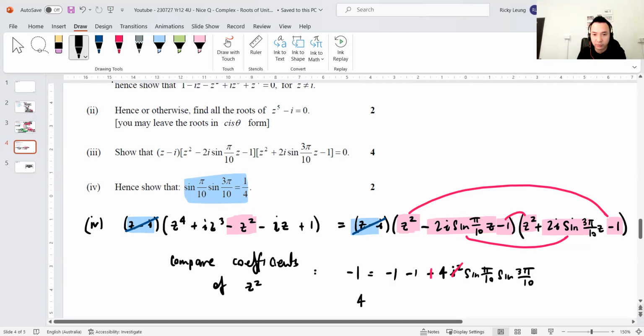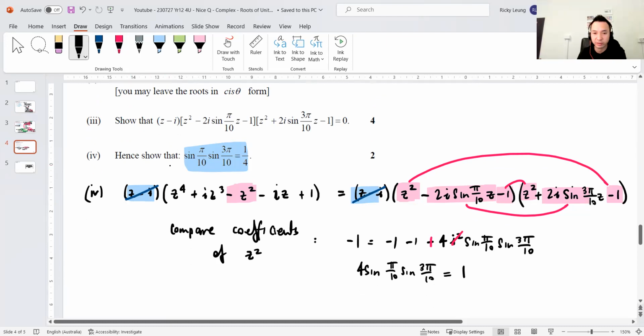Let me see if I got the sign right. Let's have a look. That's -2 becomes a 1. Perfect. Divide the 4 over, guys, we got it. Sometimes I make a silly mistake with the signs, but there it is. Sine pi on 10 times sine 3 pi on 10 equals 1/4.